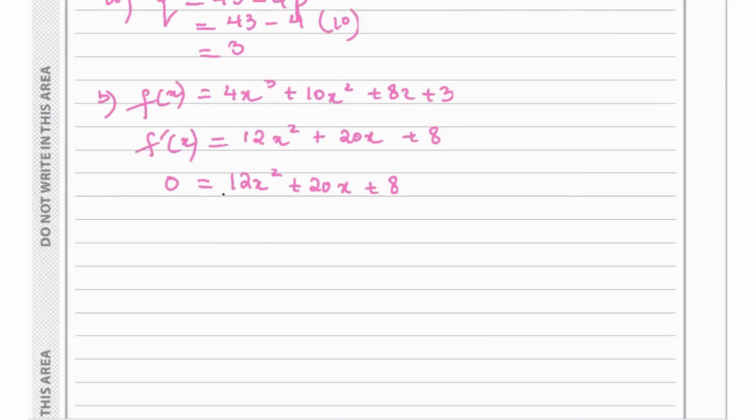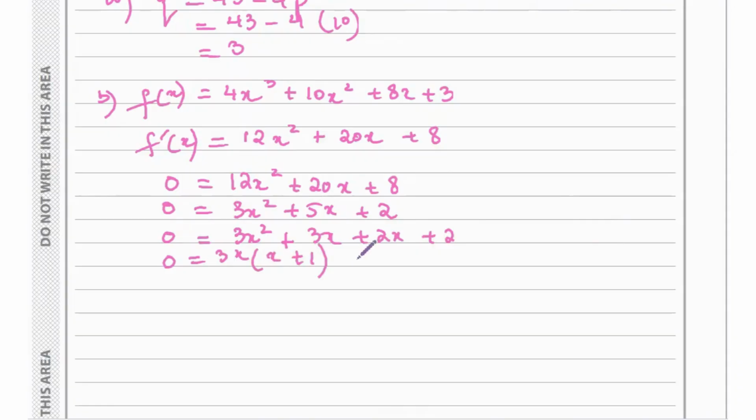Now, I'm going to factorize this quadratic equation so we can simplify it first. Divide everything by 4. That's going to be 3x squared plus 5x plus 2. So when you factorize this, what we get is 3x squared plus 3x plus 2x plus 2, 3x bracket x plus 1, and then plus 2 bracket x plus 1.